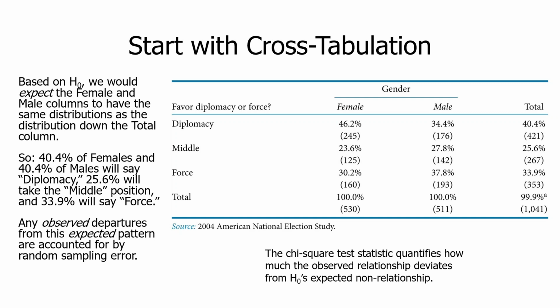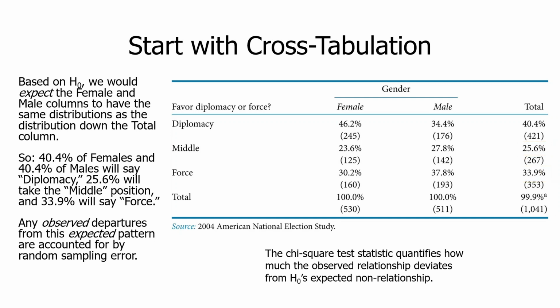The null hypothesis says, look, the overall distribution of cases in the total column is called the marginal distribution of the dependent variable. Overall, 40.4% of the entire sample said diplomacy, 25.6% took the middle position, and 33.9% said force over diplomacy.